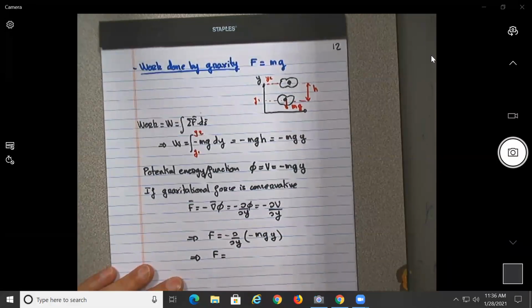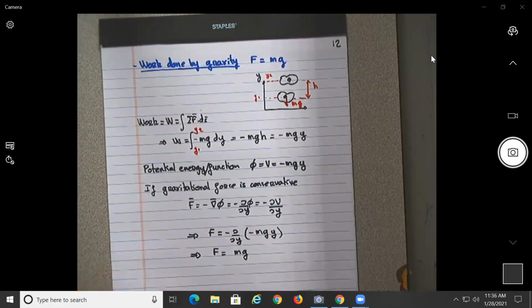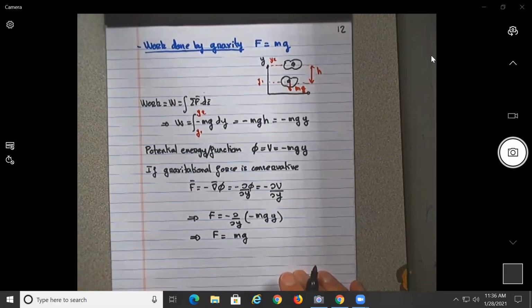F equal to mg, no? So basically what happened? We have proved that the gravitational force and the force of a spring are conservative.